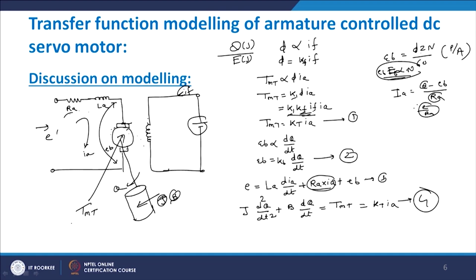So these are equations 1, 2, 3, 4, and all these equations cover the model of this servo motor. But our main purpose is to get the model in terms of s, that is theta(s) by E(s), where theta is the position and E(s) is the applied voltage. Now, what is the next step?